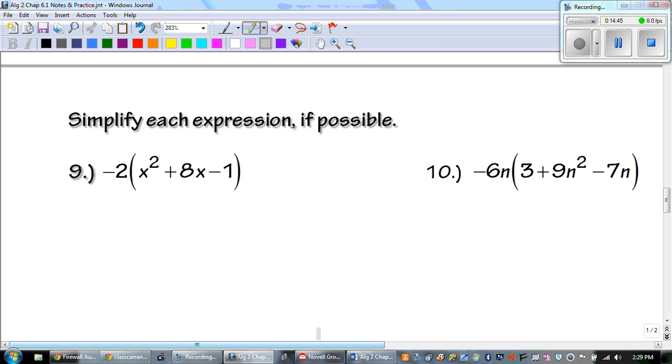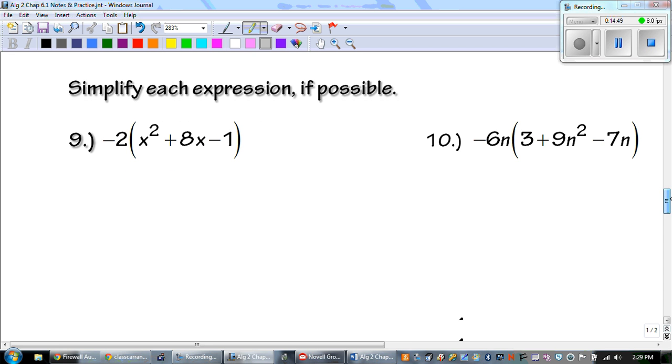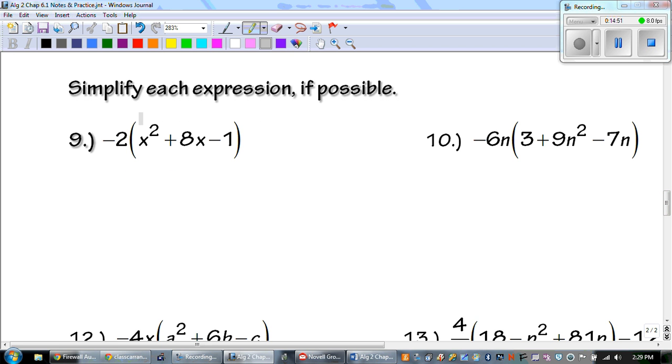All right, number 9. We're doing the same thing. Now with the parentheses here, remember that we need to distribute, okay? So negative 2 times x squared is negative 2x squared. Negative 2 times 8x is negative 16x.